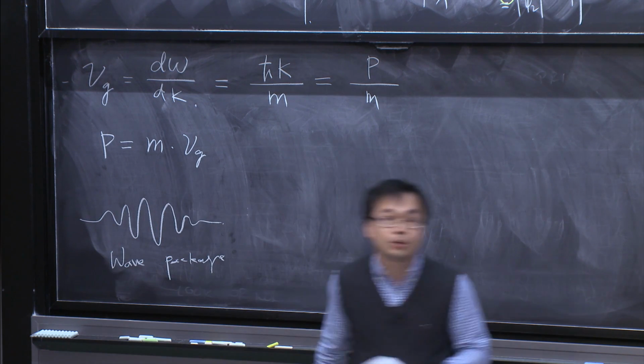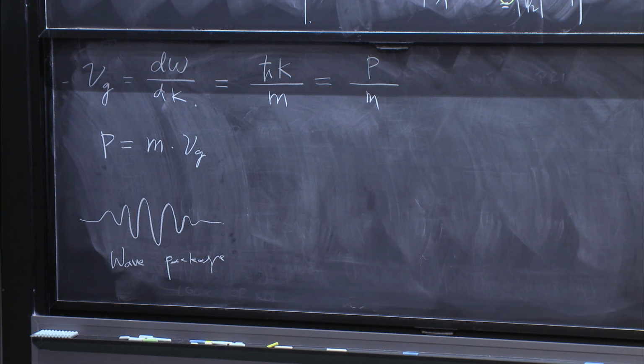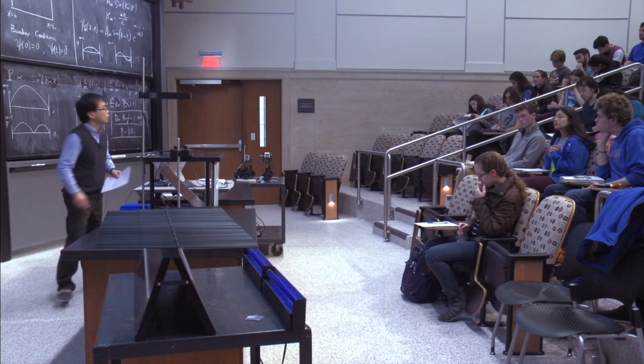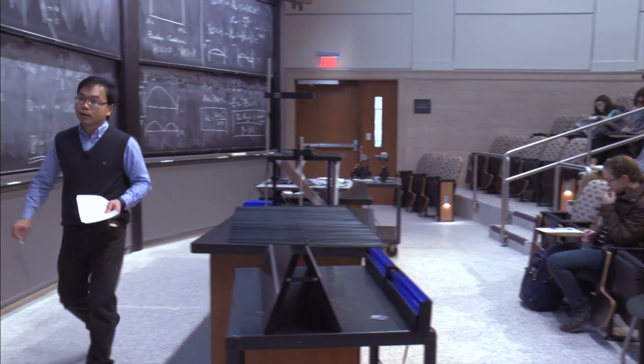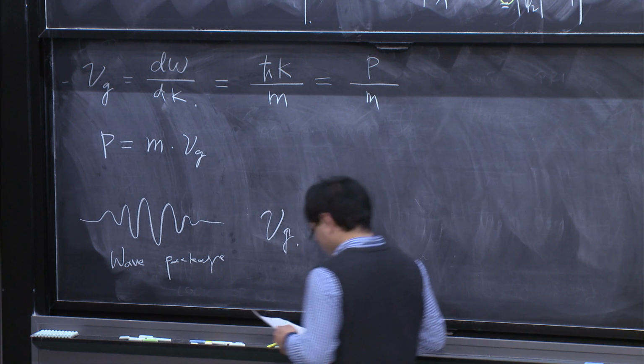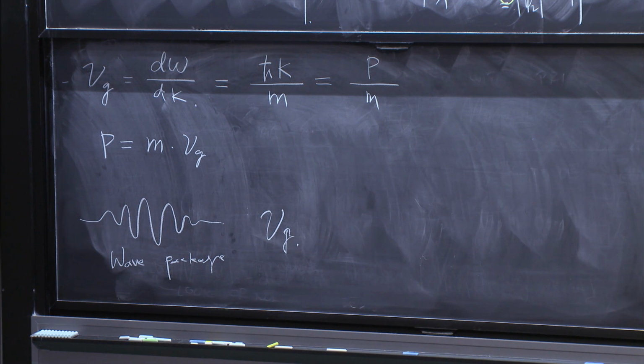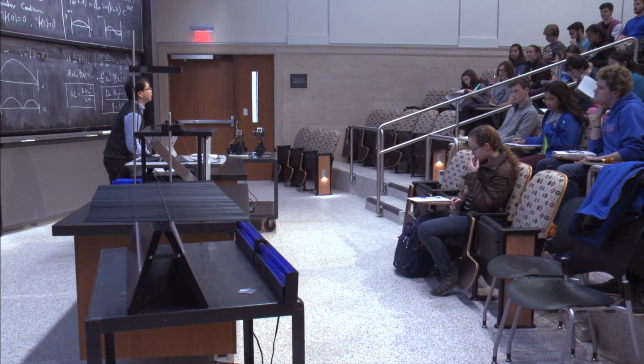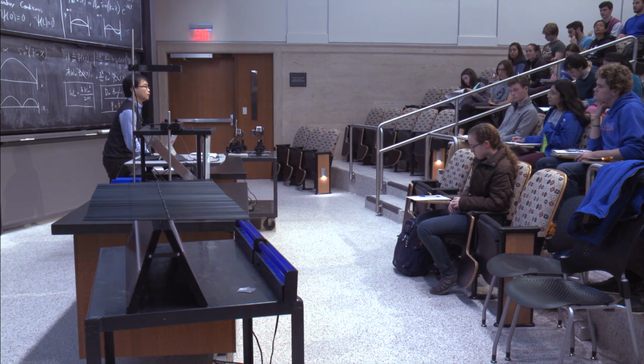Remember our discussion before about AM radio? So the speed of propagation of the wave packet is the group velocity. So now we have solved the problem: why the electron can be a particle and, at the same time, also like waves.